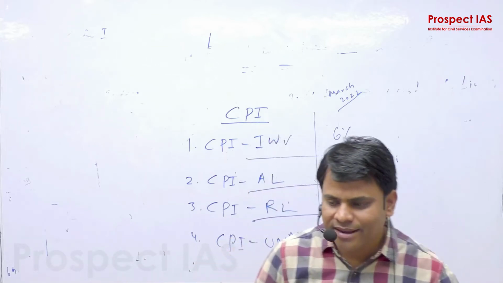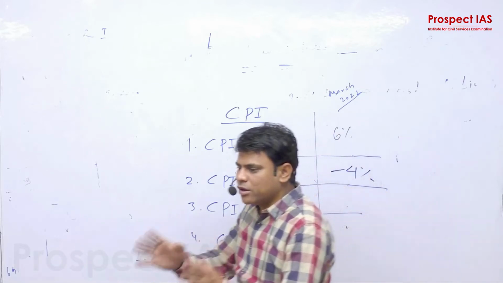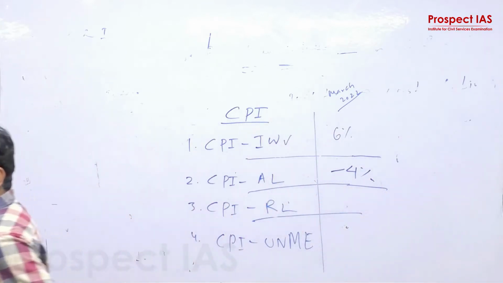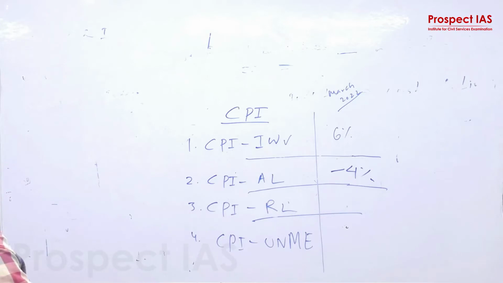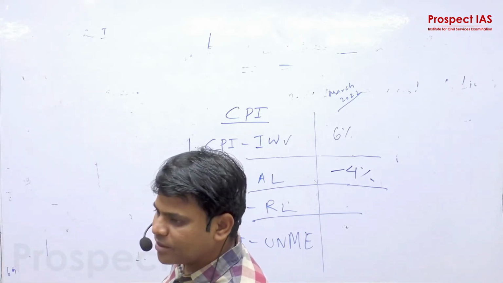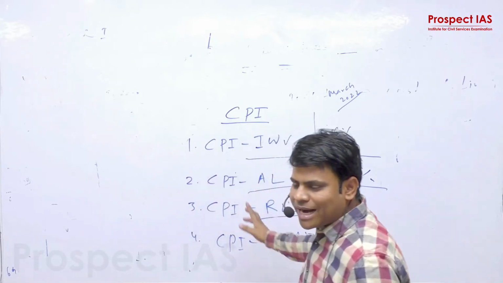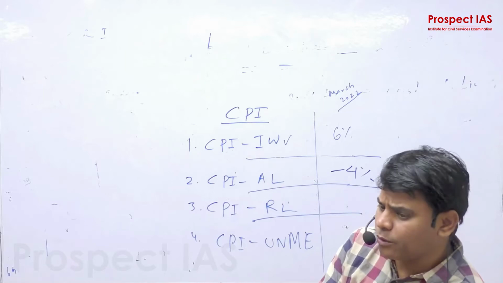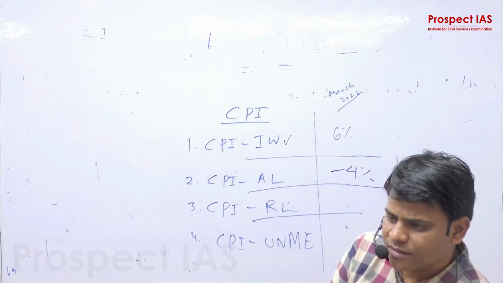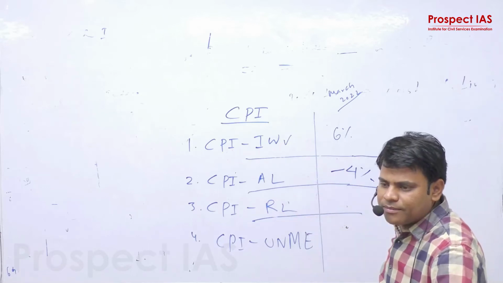My point is that there has been no single variant that could say about the cost of living of Indian people. All of them were reflecting the cost of living of a very small group of people only, either industrial workers or agricultural labor or rural labor.